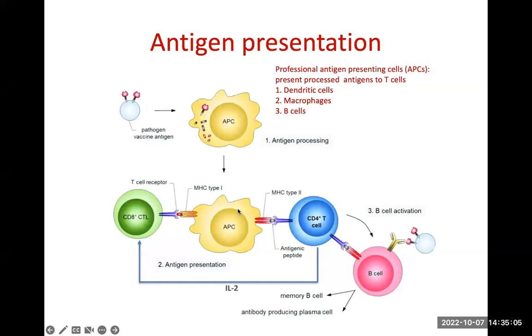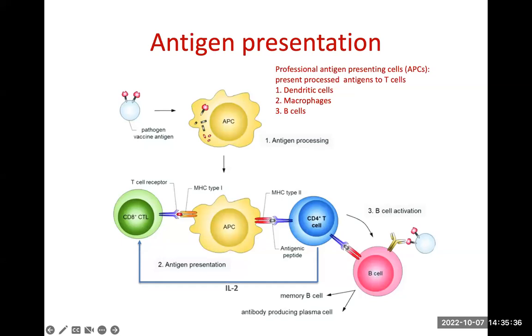Once peptides have been generated within the antigen presenting cell, they're usually loaded into these major histocompatibility complex molecules. And we have two types, type 1 and type 2. Type 2 is the one that enables interaction with CD4 T cells, while type 1 is the one that enables activation of CD8 T cells. Is that clear?